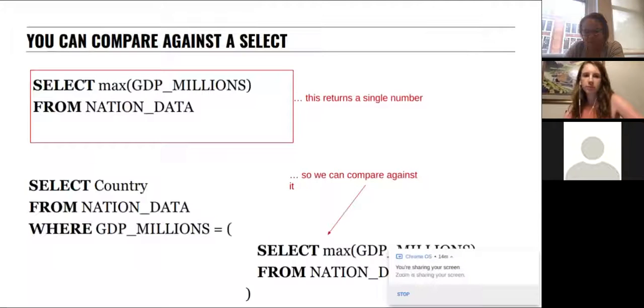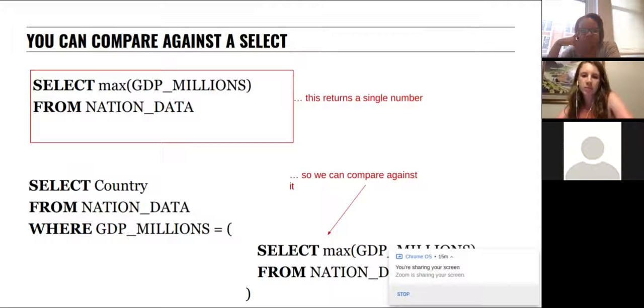Okay. Now, I've got one more mind-bending thing just to finish it off, as I only have 10 seconds left, but I'm going to beg for an extra minute. We can ask in the red box here, select max GDP millions. You might have seen that if you've done some other bits of SQL. I'm finding the value in the GDP millions column that is the biggest number.